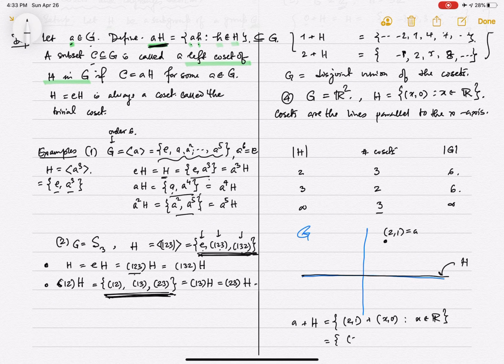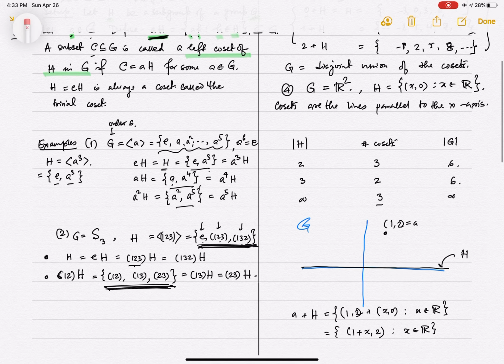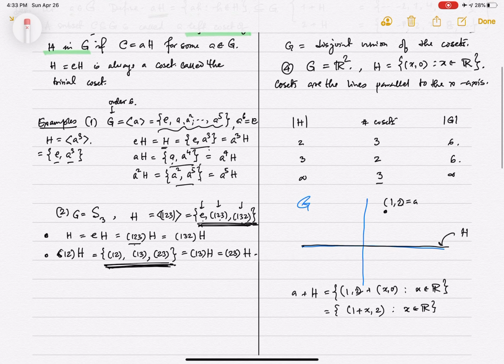And this is just, wait, that doesn't look like (2, 1). More like (1, 2), doesn't it? That's going to look like (1 + x, 2), x in R, which just means that the x coordinate can be anything, and the y coordinate has to be 2.